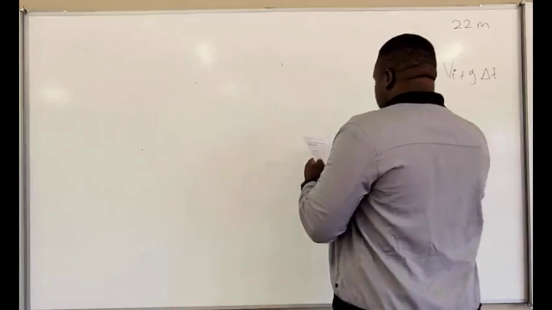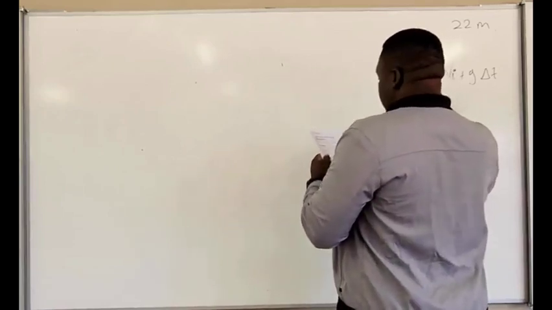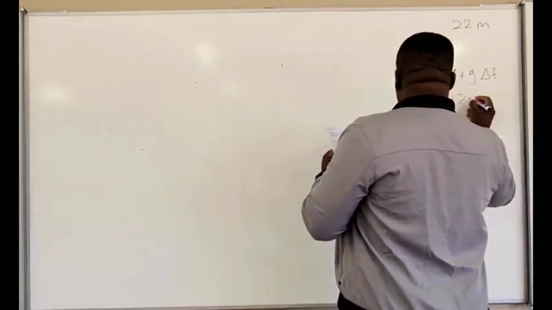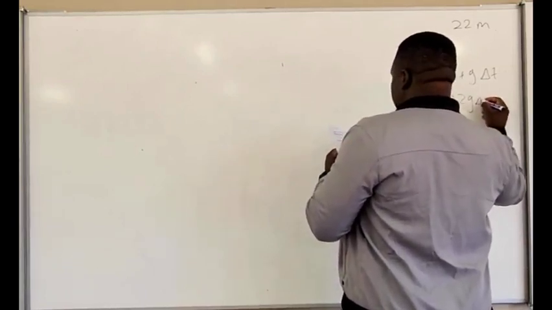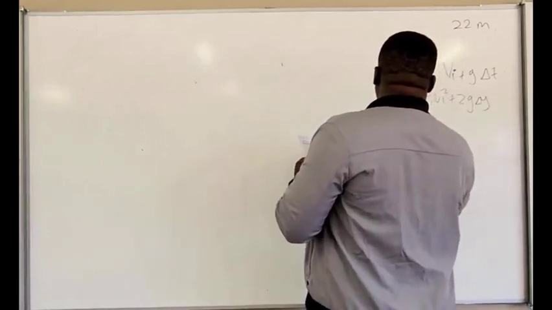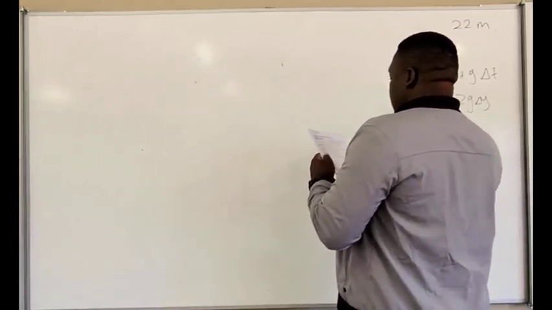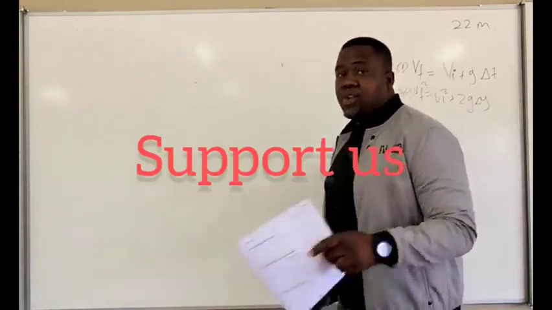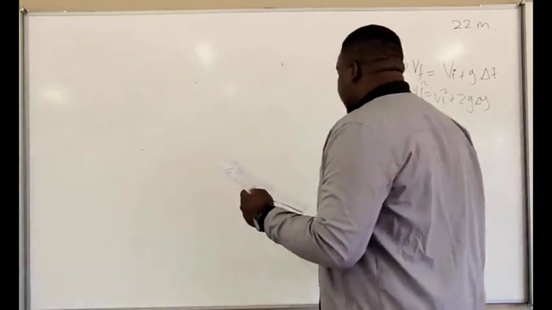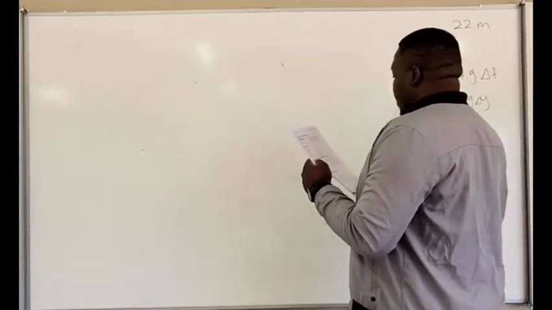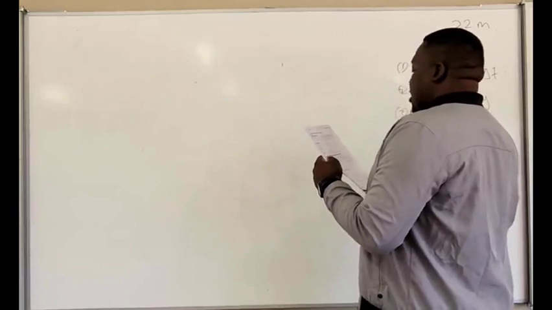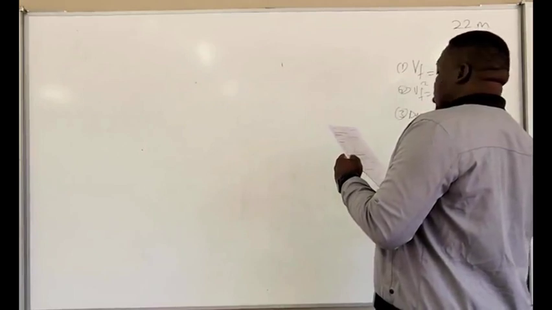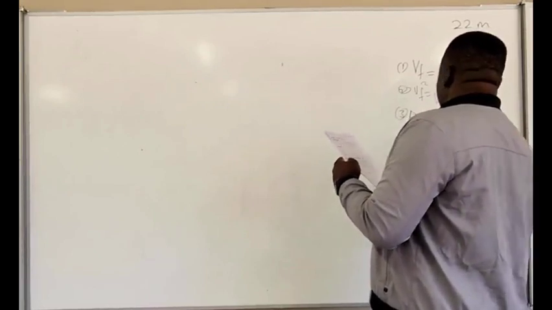Number 1, number 2: VF squared is equal to VI squared plus 2G delta Y. Number 3, and I noticed that I've been writing delta X instead of delta Y. Pardon me for that, you need to write delta Y. Delta Y is equal to VI, change in time, plus 1 over 2G, change in time squared.